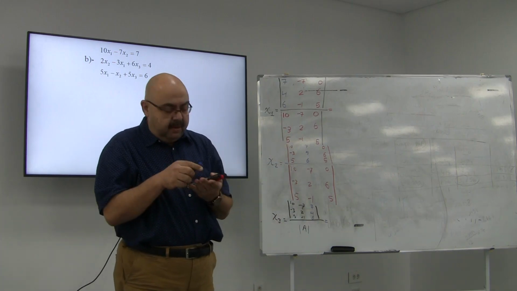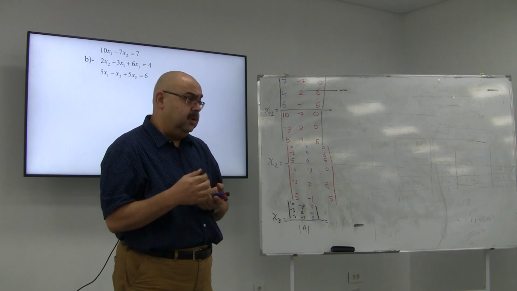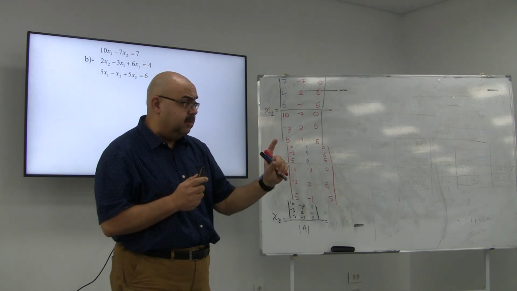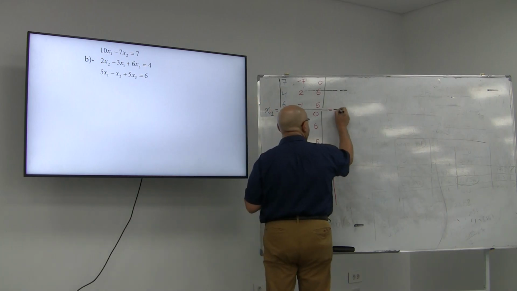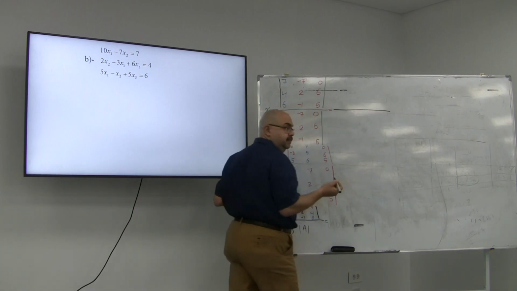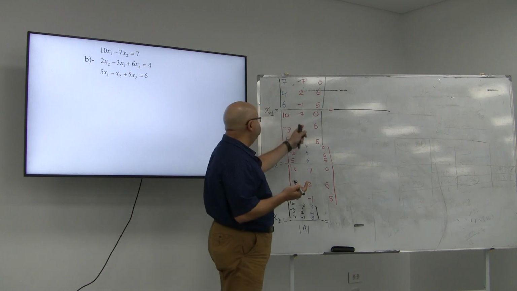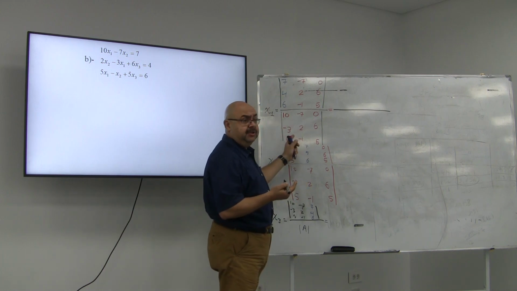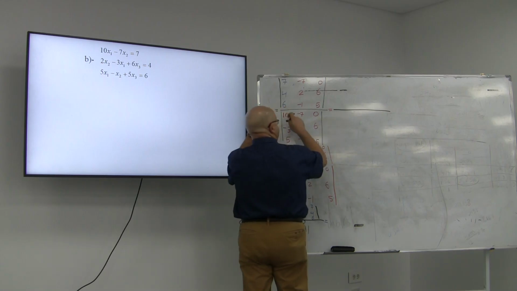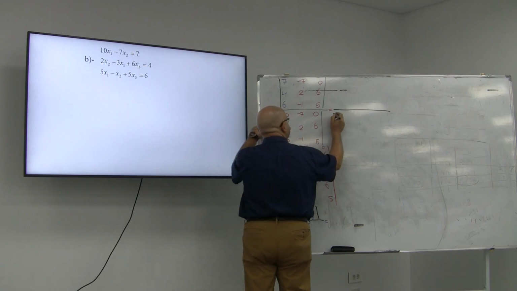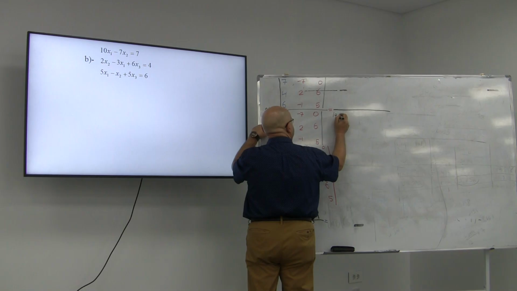But now I come to the real challenge, which is to evaluate the value of each determinant. Knowing how to evaluate it using Sarrus's rule will make your life easier. Using Sarrus's rule for the first coefficient matrix, anyone? Abdelrahman, can you tell me how to calculate it? 10 times 2 times 5.